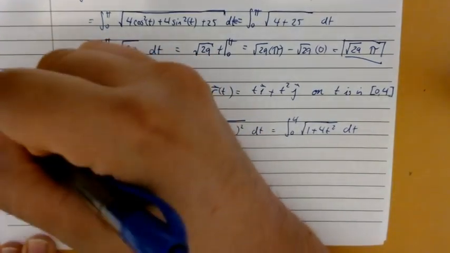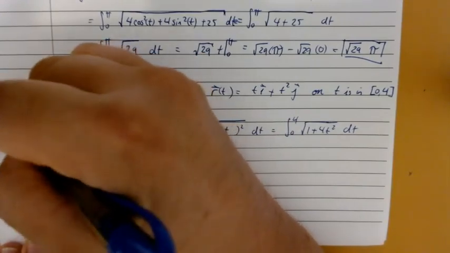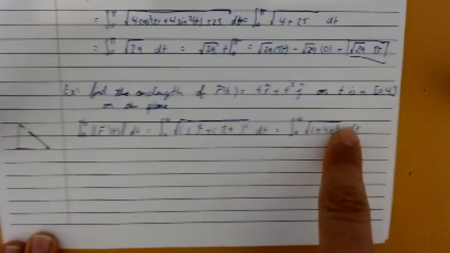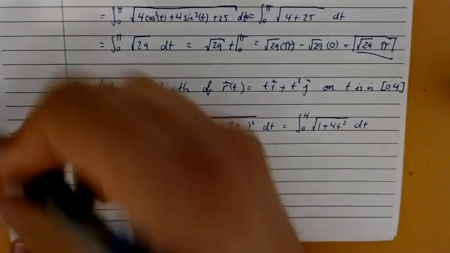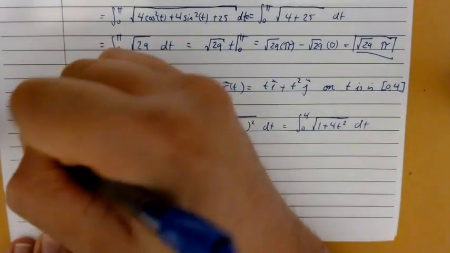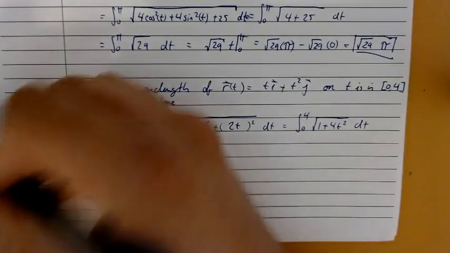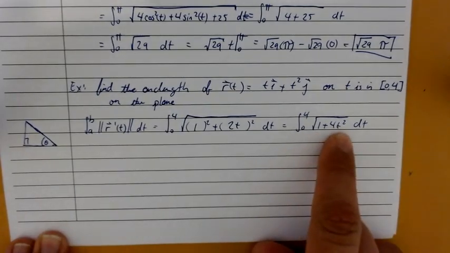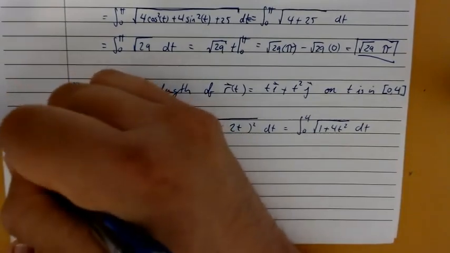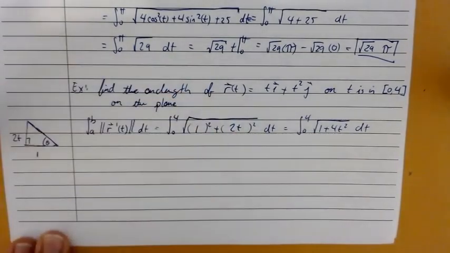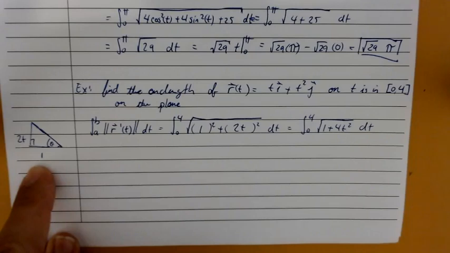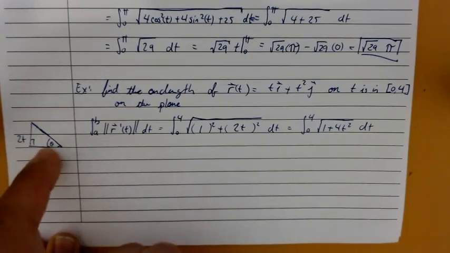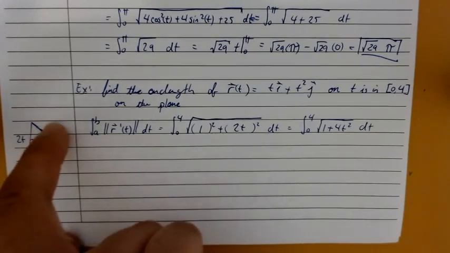Here, you can think of how I get 1 plus 4t squared using trigonometric functions. Well, I can think of an angle inside of a right triangle. It looks like I've added the square of 1 to the square of 2t. So if I call this 1 and this 2t, then completing the Pythagorean triple, the square of this plus the square of this would give me the square of this.